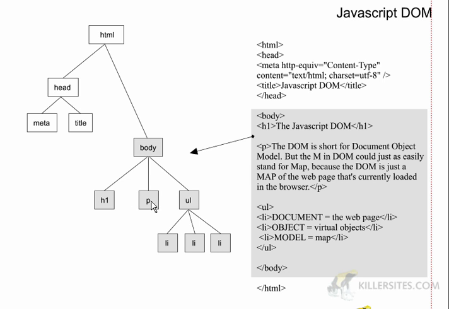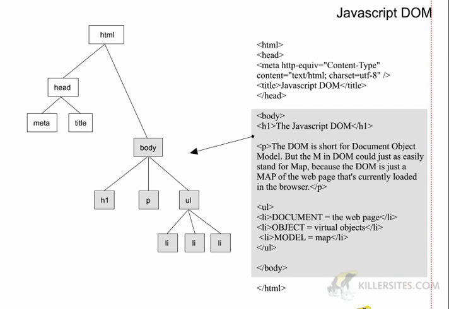We've got our paragraph, here's our H1, and here we have our ordered list. You notice in between the ordered list tags, we have the list item tags. And again, it's represented here in this DOM hierarchy map. You see we have our ordered list and our individual list item tags as well.